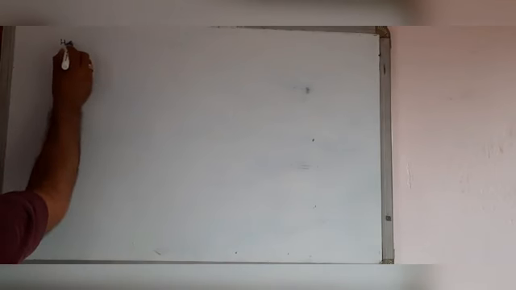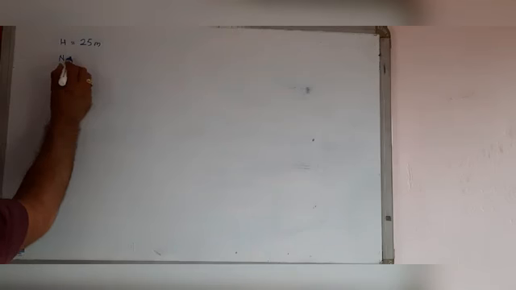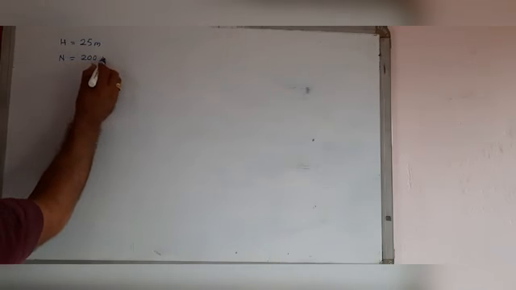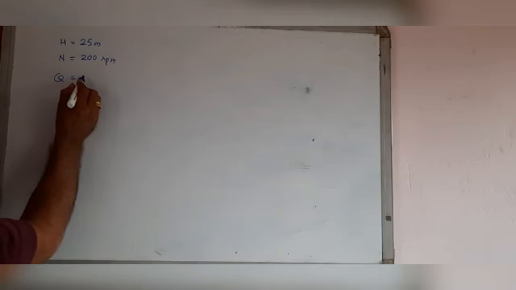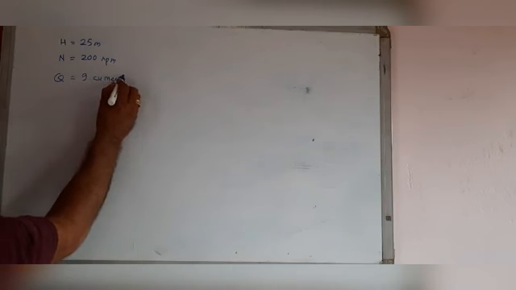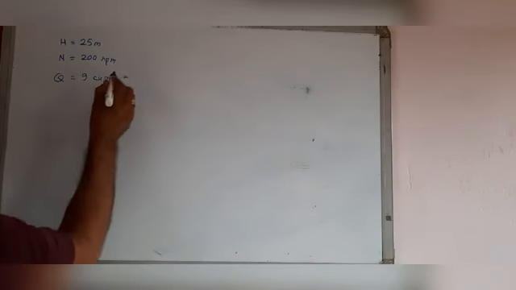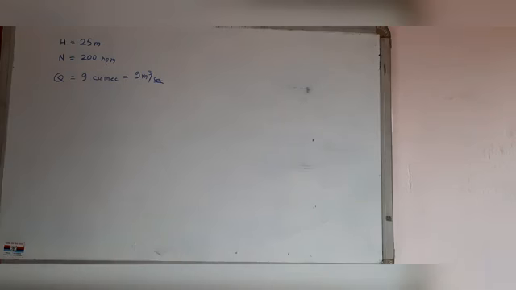Here it has been given that head equal to 25 meter, N is given 200 rpm, discharge Q is given 9 cumecs, this is 9 meter cube per second, shortly written as cumec.